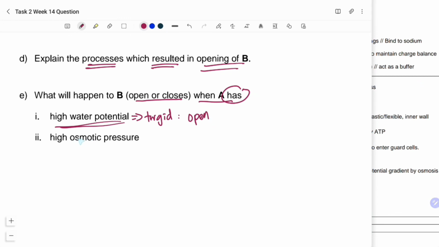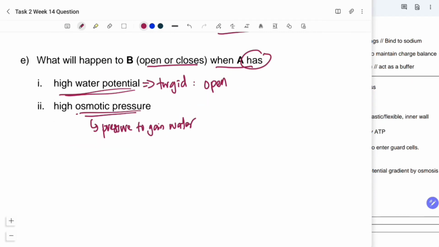Okay, tetapi next kalau A ada high osmotic pressure, so first osmotic pressure ni maksudnya is the pressure untuk gain water. For a solution untuk gain water, itu dimaksudkan dengan osmotic pressure. So kalau ada high osmotic pressure, maksudnya sekarang dia ada high pressure ataupun high tendency untuk absorb water into that place.